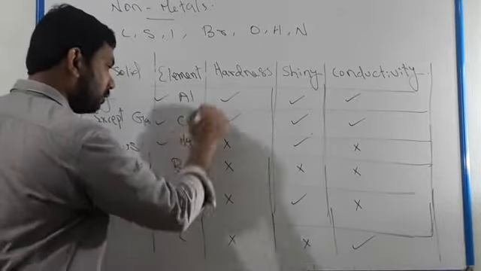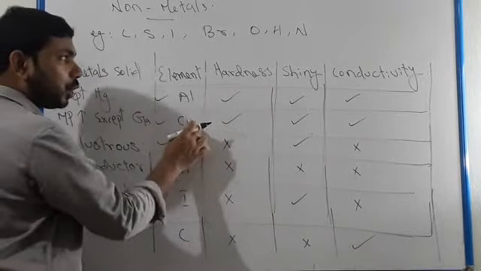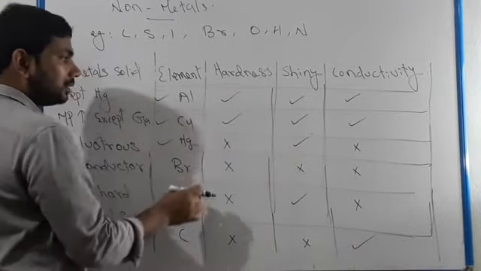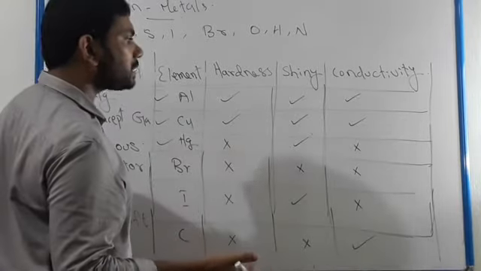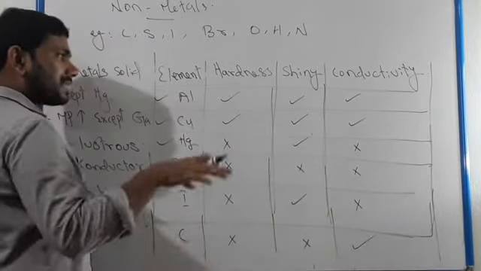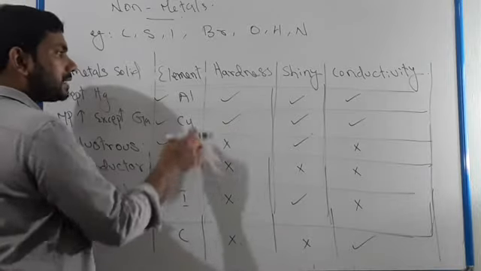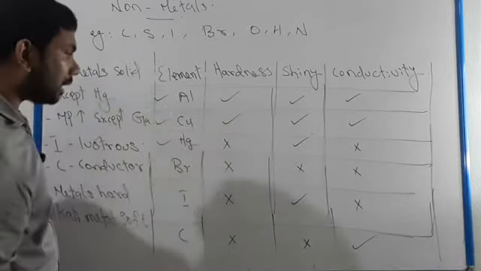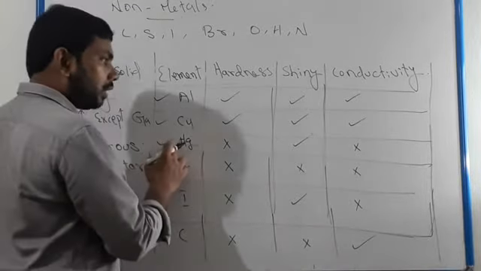Aluminium, copper, silver, they are metals. Aluminium and copper are hard. But mercury is in liquid state. It is not compressible. So aluminium and copper are hard. Silver, mercury, it is soft.